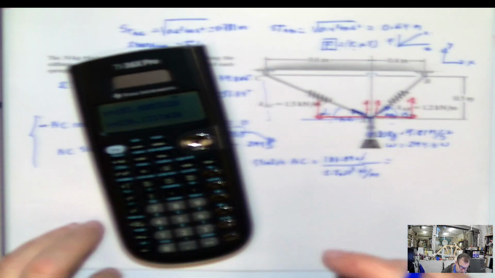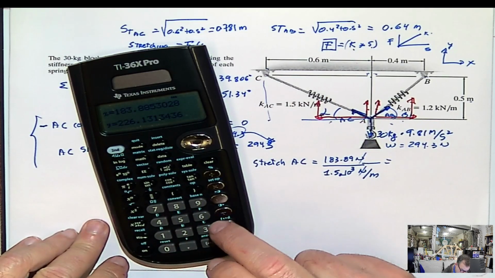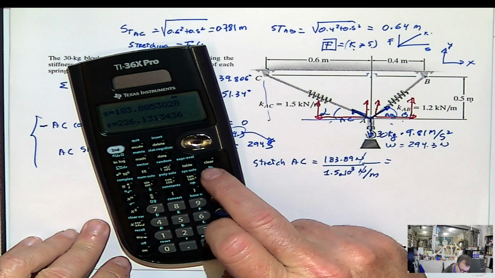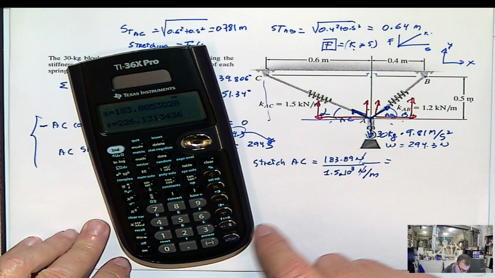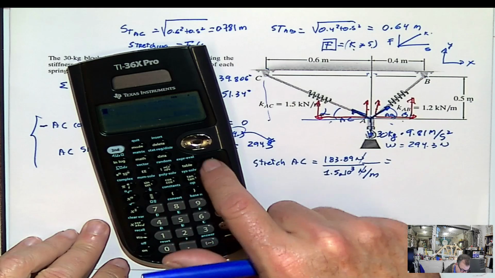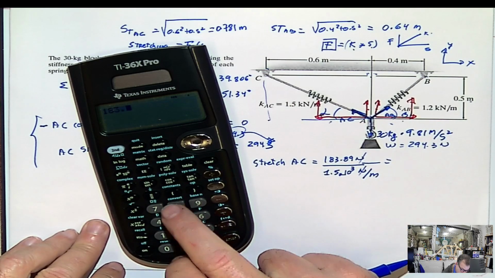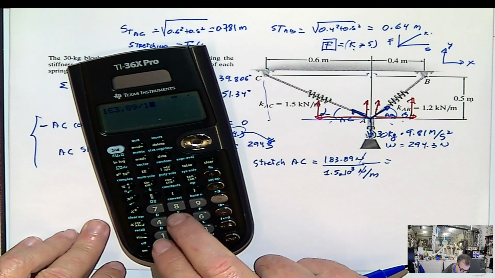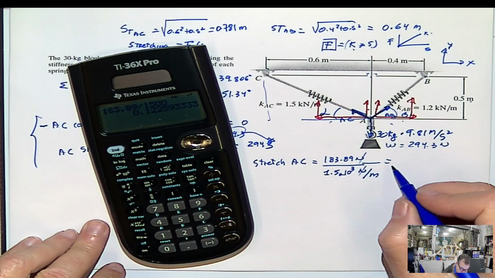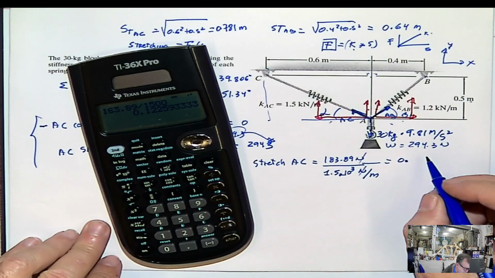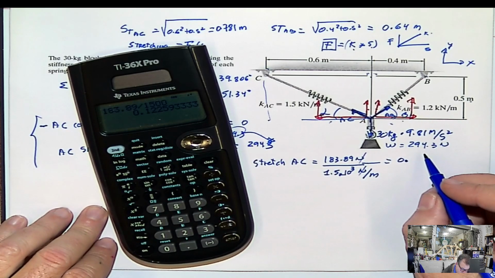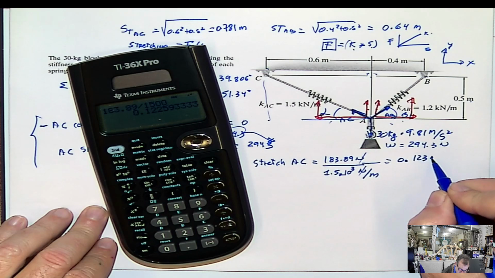So you have a stretching of the spring AC as 183.89 divided by 1500, and that would be 0.123 meters.